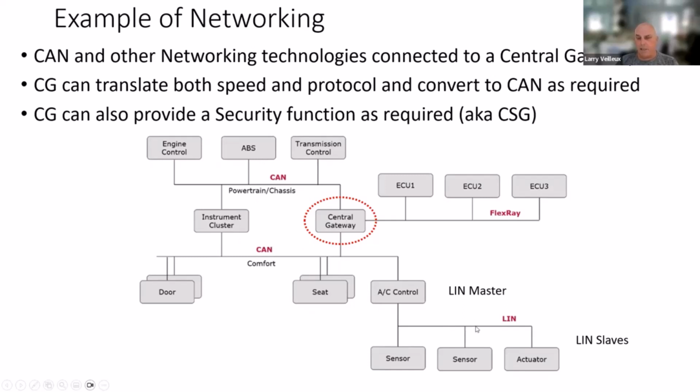But LIN came into play because certain applications like moving your windshield wipers or something like that don't require a whole lot of information, so they don't need all the robustness and everything. So they'll connect via LIN over a single wire to a controller, but that controller, on the other hand, could also connect to a CAN because it's probably receiving its information from somewhere else to tell the windshield wipers when to start and stop. I'll talk slightly more about LIN in a moment, but here's an example of an ECU unit that actually can convert between LIN and CAN, for instance.